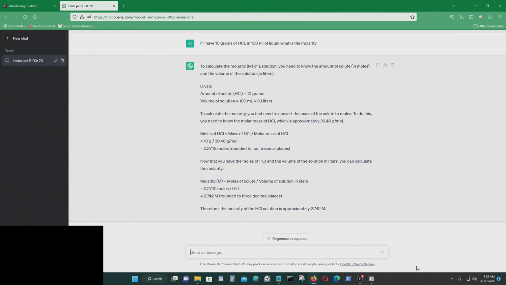That's correct. The unit is moles per liter. So we got that. Computed that. The molar mass of HCl is 36.46. You get that from the periodic table.